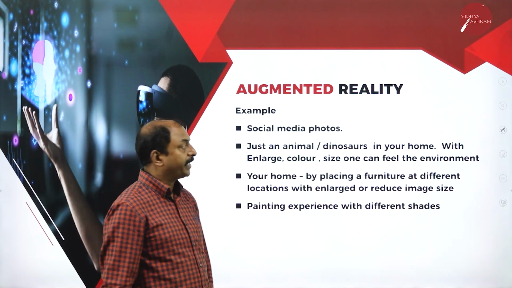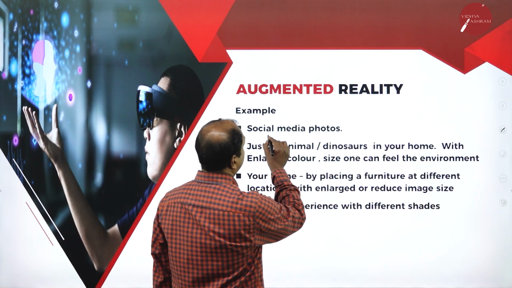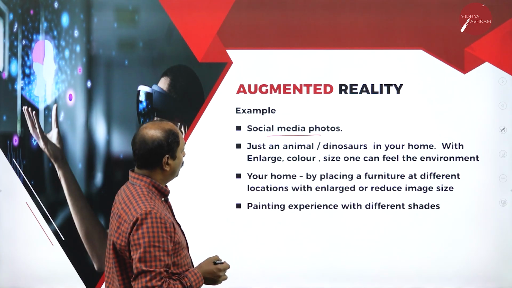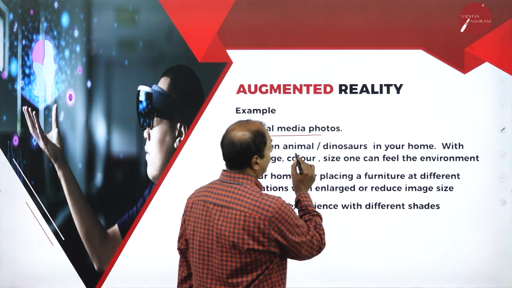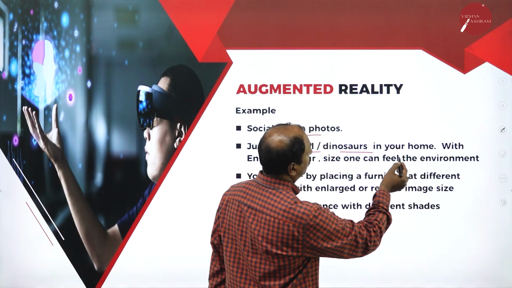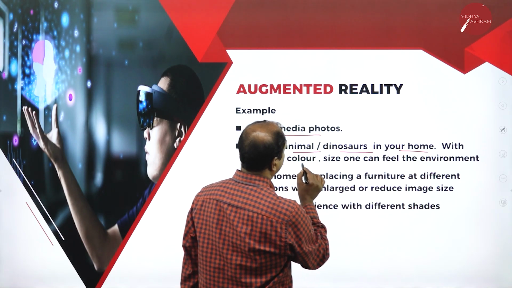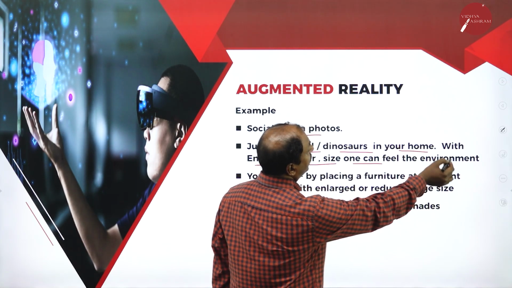Now let us see some examples for AR. One is social media posts or photos. For example, you have an animal or dinosaur in your home, and you can enlarge it, change color and size, and one can feel the environment.